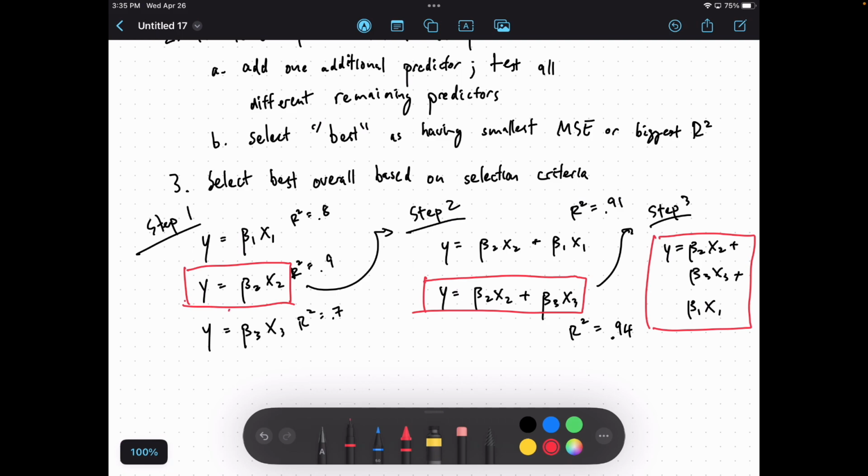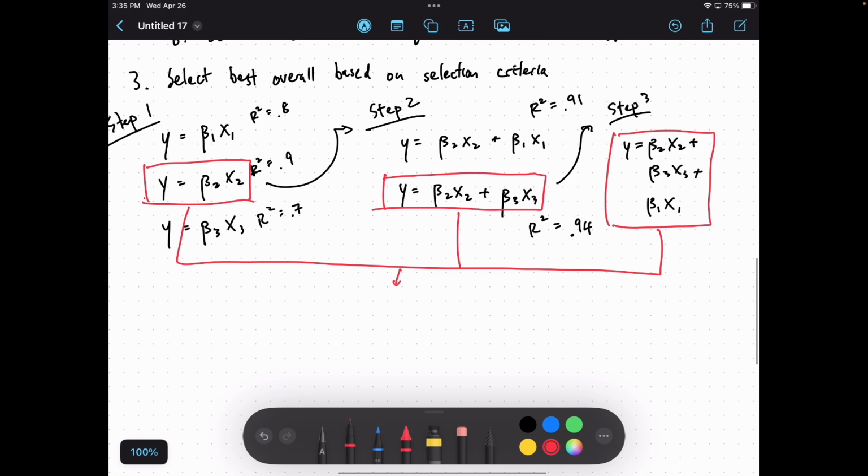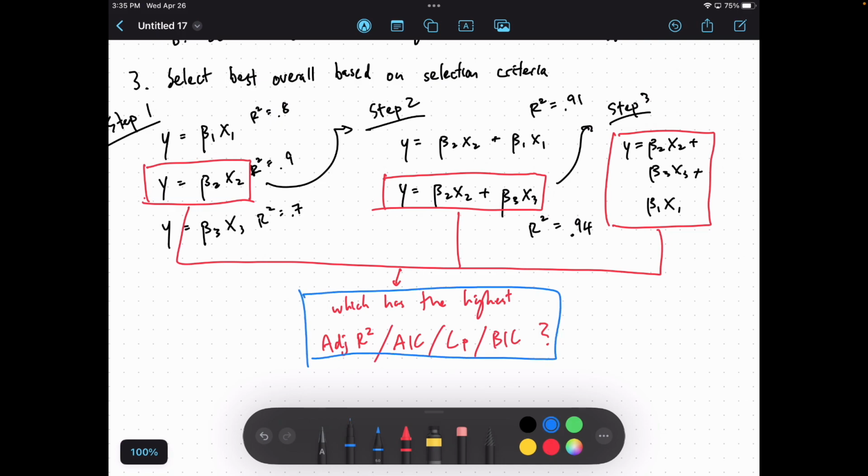And now what I will do is, amongst all three of these, see which has the highest adjusted r squared or AIC, Cp, BIC. And whichever one that is, let's say it's this one, that will be the answer of my forward stepwise regression selection procedure.